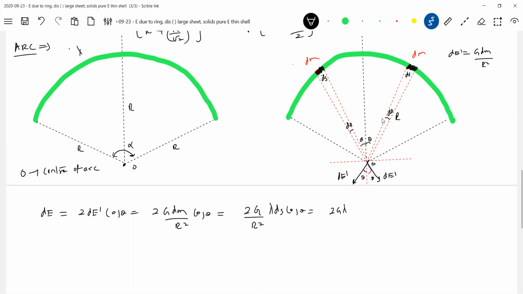So 2G lambda by r square. What is ds? ds will be r d theta. So one r cancels, and this will become 2G lambda by r, cos theta d theta. So let's integrate this one now.